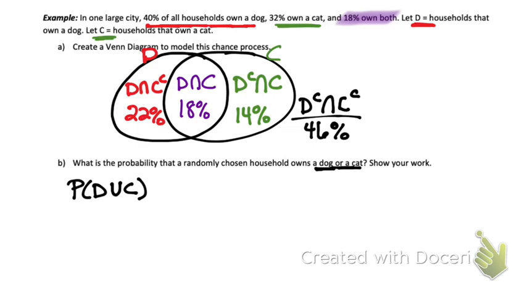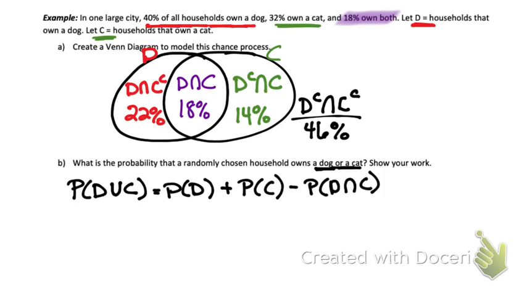Using the formula, that would be the probability of dog plus the probability of cat, but then I would have to subtract the probability of the dog and cat because they are not mutually exclusive. I can have a dog and a cat at the same time.